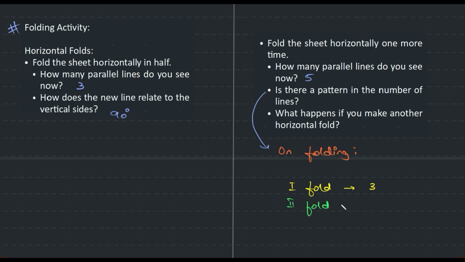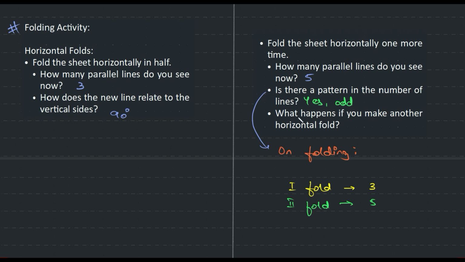Second fold, we got 5. Do you see any pattern? Actually, no, this is just 3, 5. But we can see a pattern: odd numbers. So the answer is yes, and they are odd numbers.